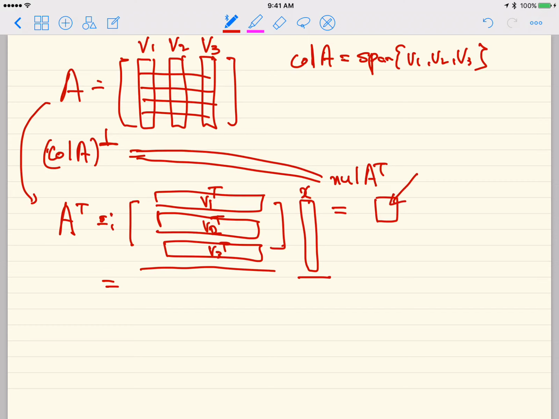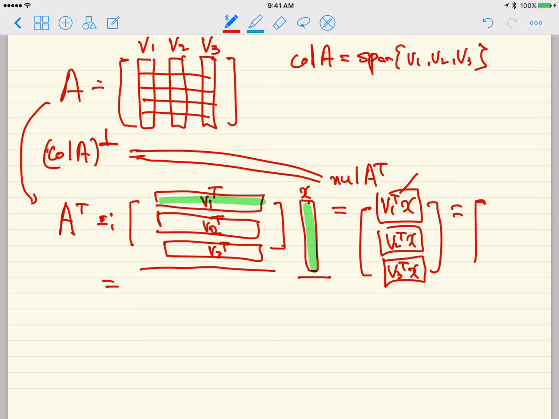How can we represent it? The first element is the inner product between this row and this vector x, so it can be written as v1 transpose x. What about the second entry? It is v2 transpose x, and v3 transpose x, and this has to be equal to 0, 0, 0, this three-dimensional zero vector.